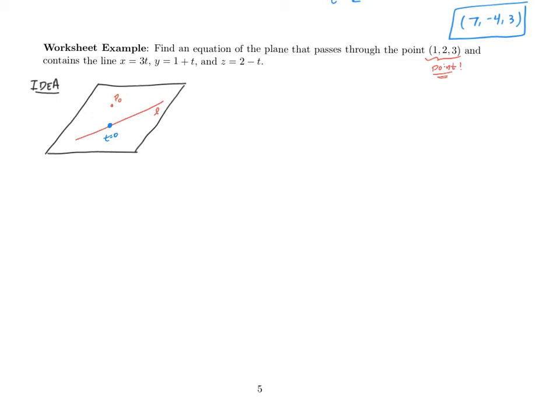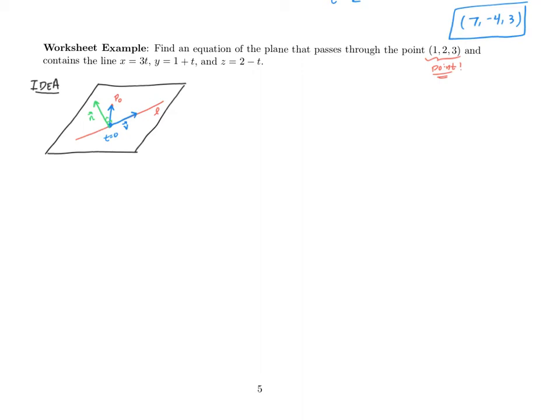Those would be a vector going from that point on the line to the point that you know, and the other vector could be, for lack of a better name, V, the direction vector of the line, with its initial point sitting at 0. And once you have these two vectors on the plane, you can take their cross product, and that will give you a vector normal to the plane.